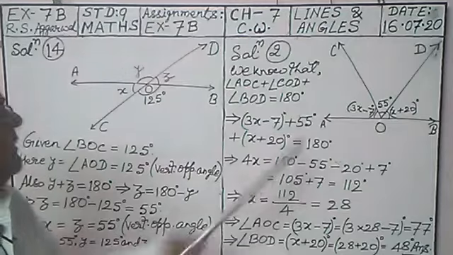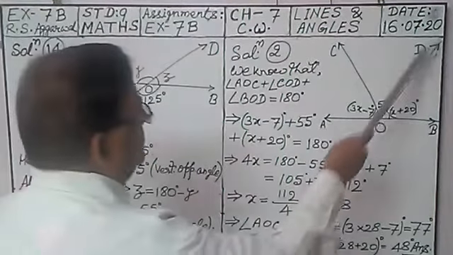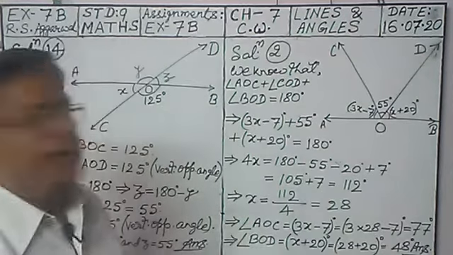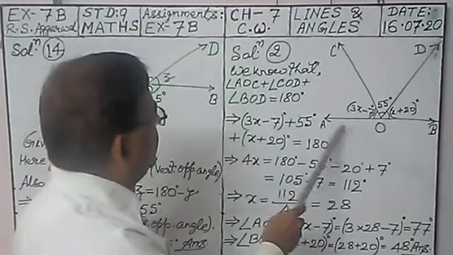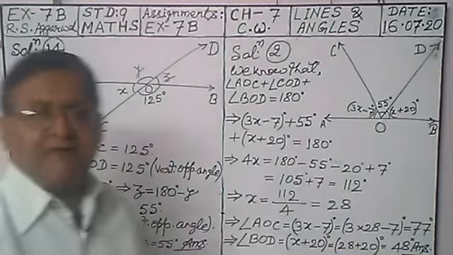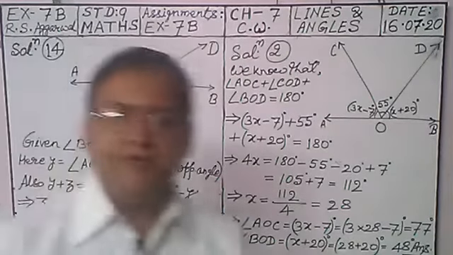See here, this is the given diagram, and in the diagram the value of angle BOD is given as x plus 20 degrees, and the angle AOC is given as 3x minus 7. But what is the exact value of these two angles? We don't know, because we don't know the value of x.